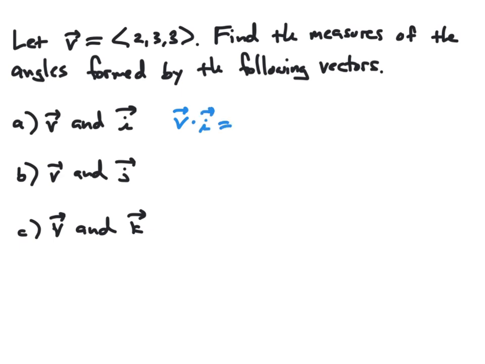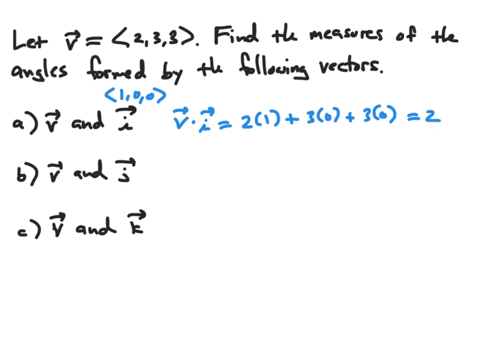Remember that i is the vector in component form 1, 0, 0. And so our dot product of v and i will simply be 2 times 1 plus 3 times 0 plus 3 times 0, and this will equal 2.